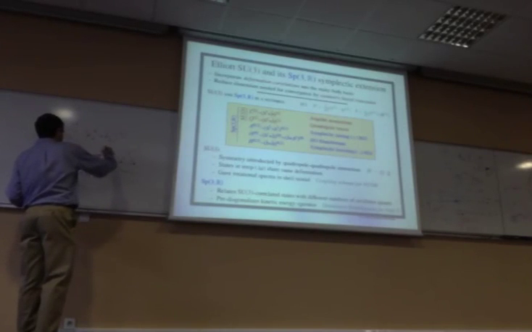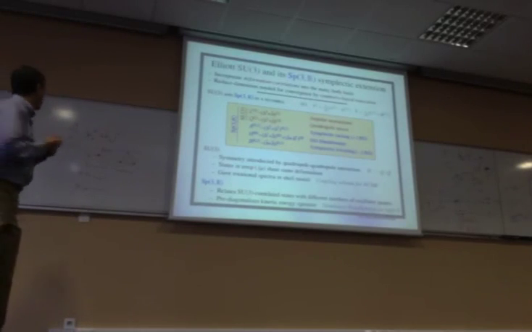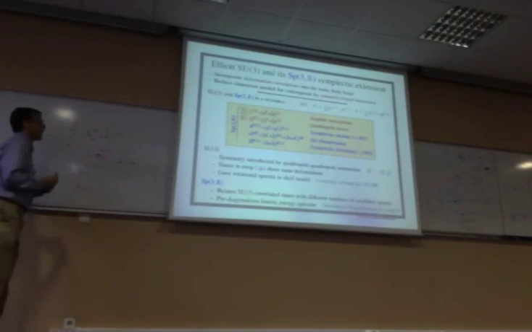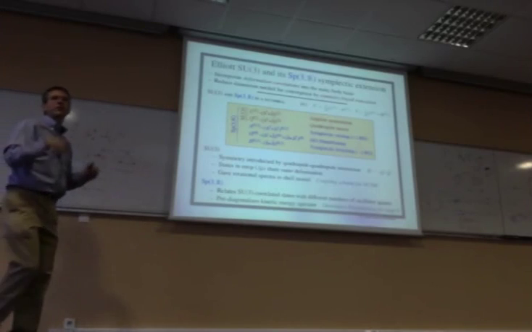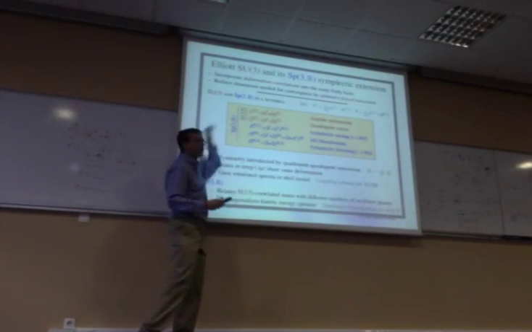Like here, an operator in the n equals 3 oscillator shell. If you consider all possible substates of a major shell, those together form one irreducible representation of SU3. You can connect all of them by some combination of those operators.